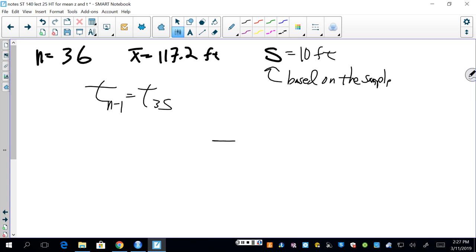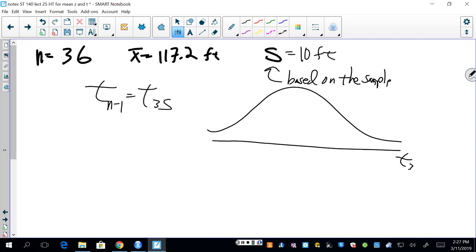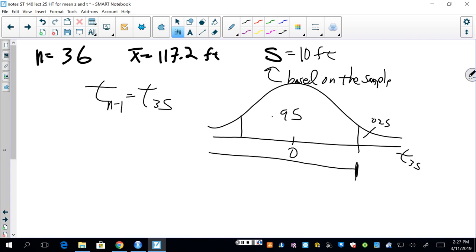Under that t distribution with 35, it's two-sided. We're going to want the 0.025 tail up there, and that 0.025 tail is 2.03, not 1.96.